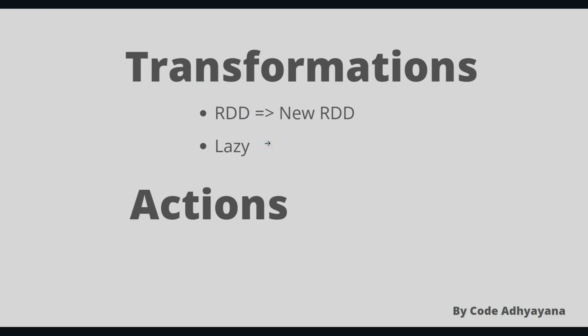That means it will only apply those transformations when it sees an action. Actions are like count, writing output data into a file, or writing data into the console. These are part of actions.